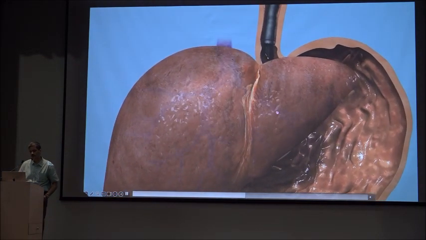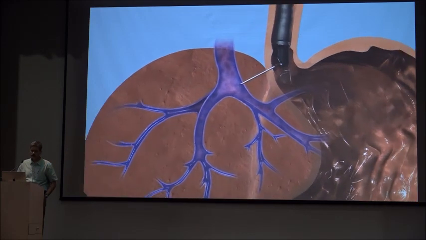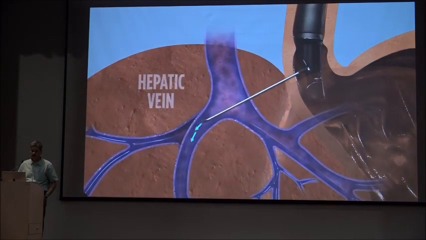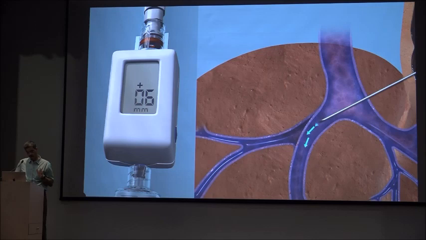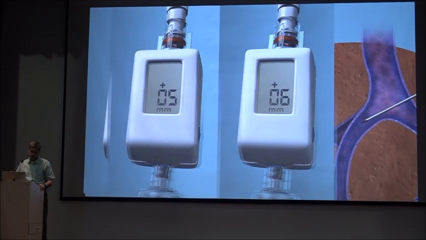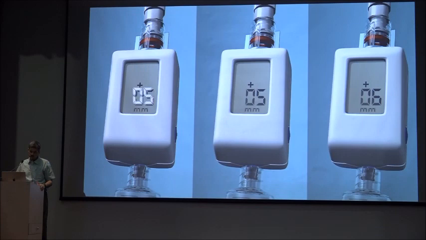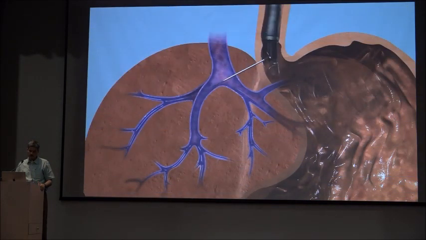You go inside, and from the proximal stomach, you locate the hepatic vein first, and then you target it. After waiting for the pressure to equilibrate for around 30 seconds or so, we take 3 readings, and then we average it.